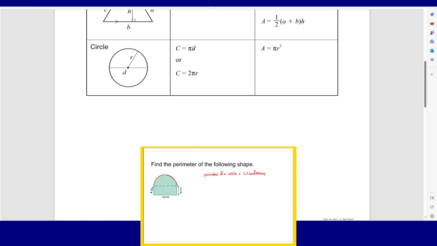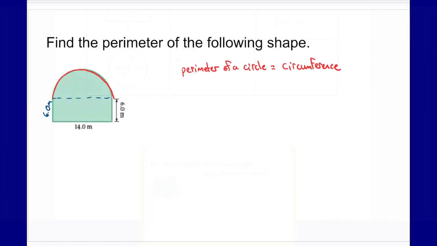So we have the circumference of a circle. There's two different versions for it depending on if we're given the radius or the diameter. In this case, we're given the diameter. The diameter is the entire distance across from one side of the circle to the other, going through the center. So this would be the diameter.